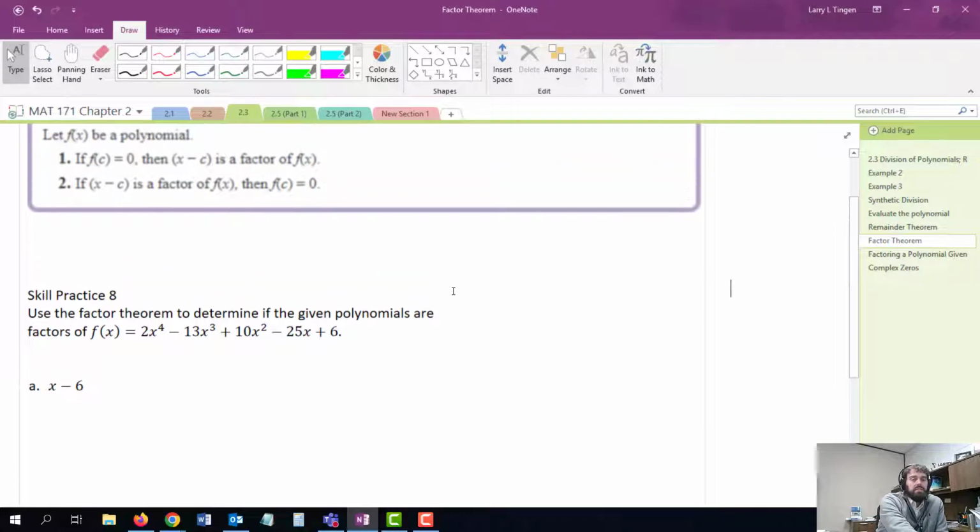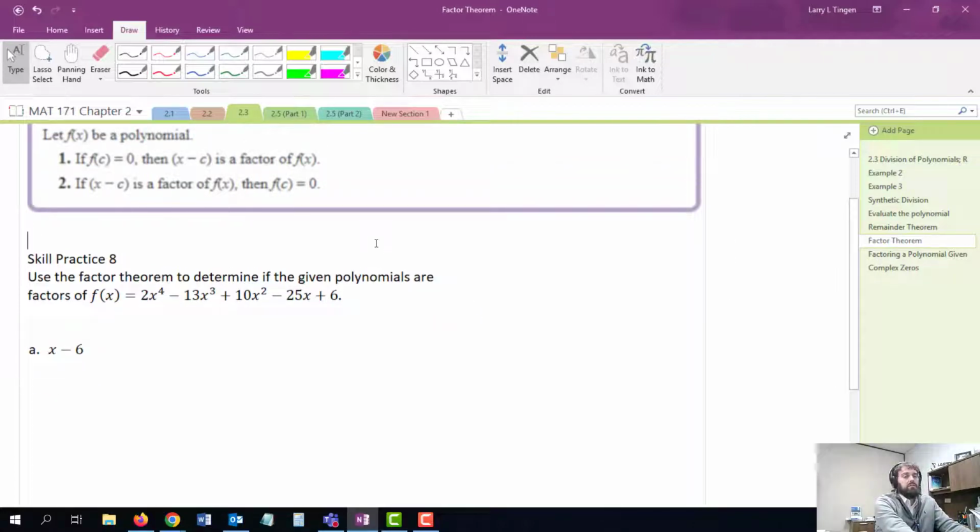Let's just get into an example here and see what you think. Use the factor theorem to determine if the given polynomials are factors of f of x is equal to 2x to the fourth minus 13x cubed, plus 10x squared minus 25x plus 6. I'm testing x minus 6.